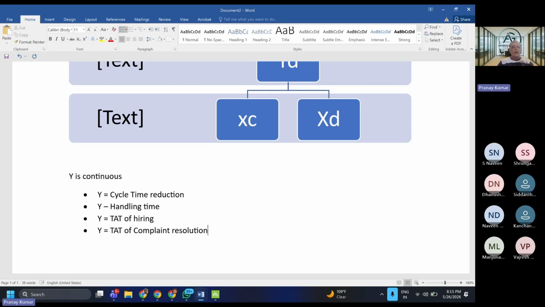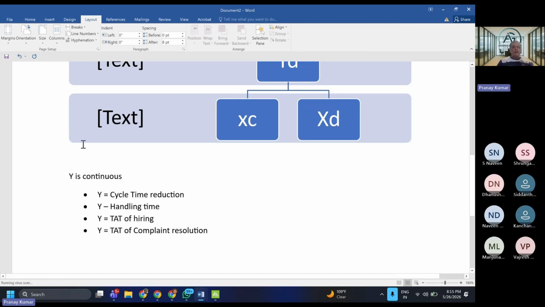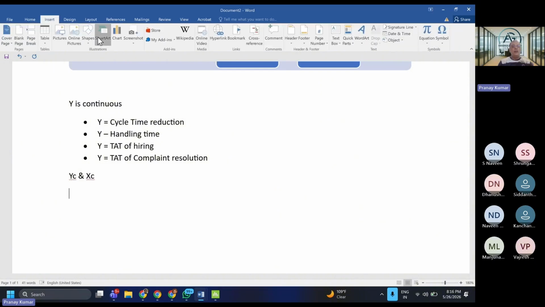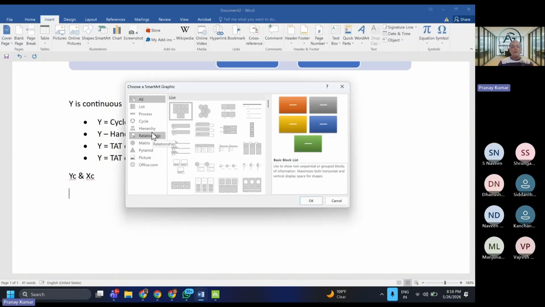So for your Y continuous, we are saying that there are only two possibilities. Either your factor will be continuous or your factor will be discrete. So if you are in a situation that your Y is continuous, like cycle time, and your factor also is continuous, in that case, from a hypothesis testing standpoint, you have two tests that are possible.